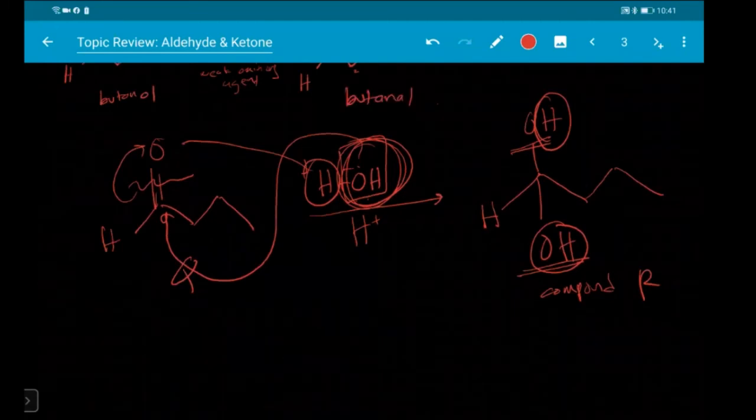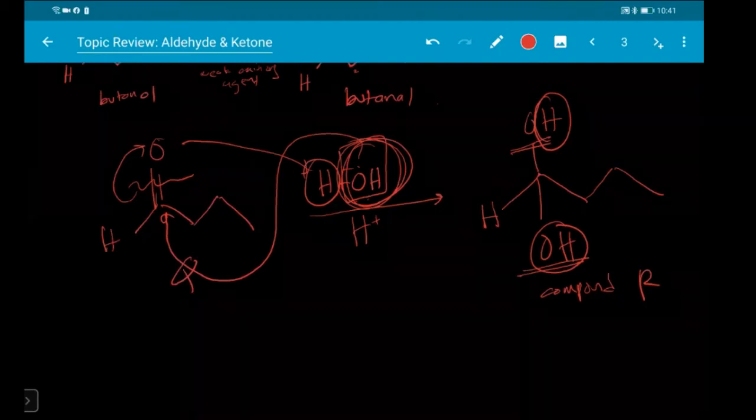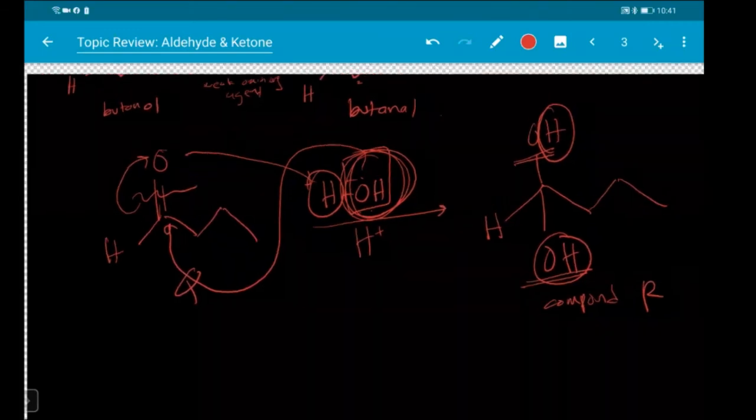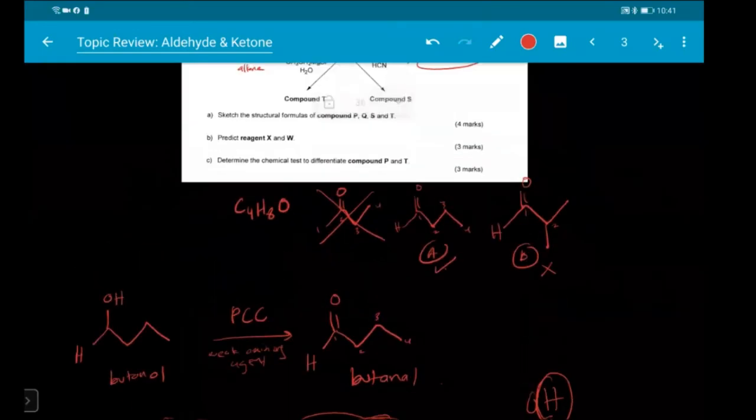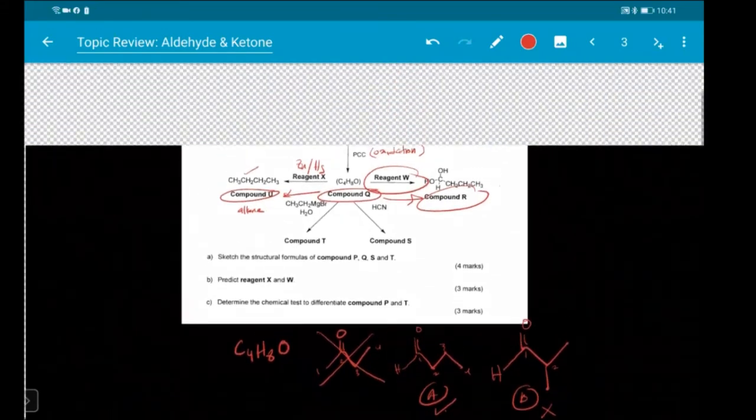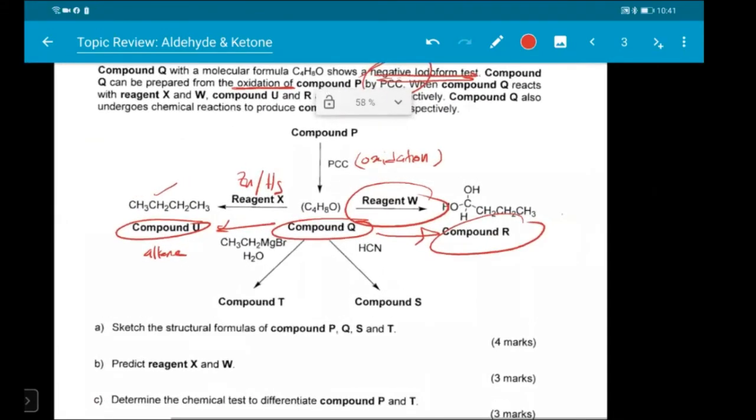Ada apa-apa soalan untuk ni, addition ni? Takkan dia tak ada soalan. Okay, terima kasih Nastria.